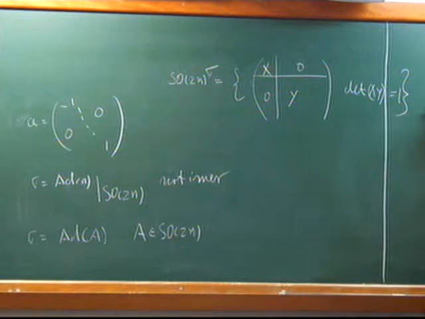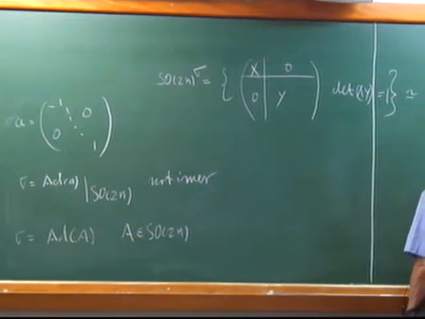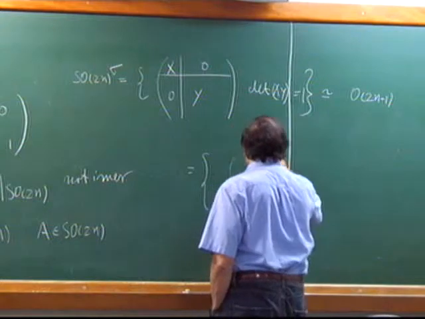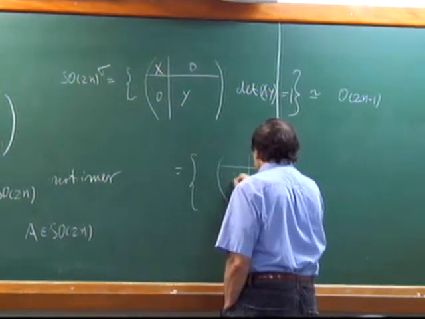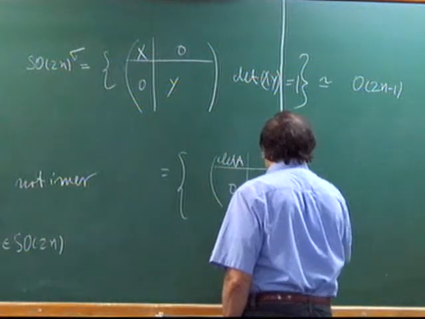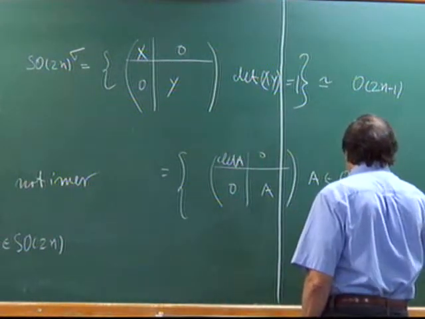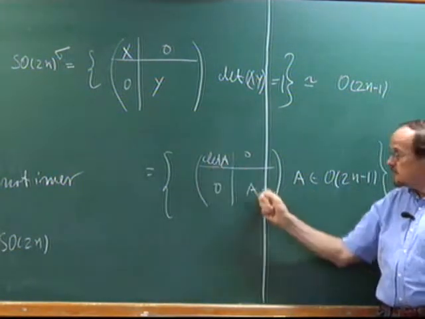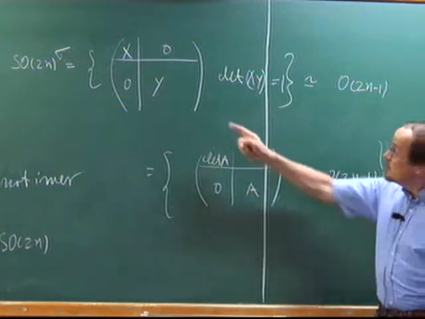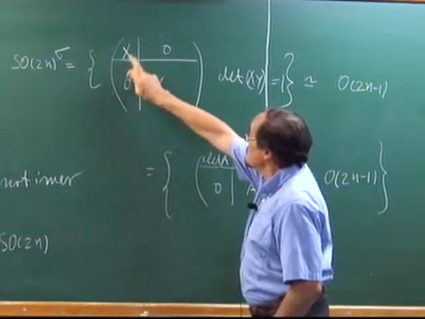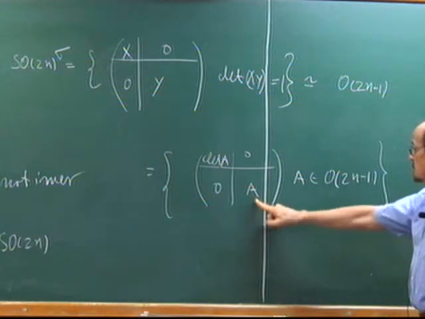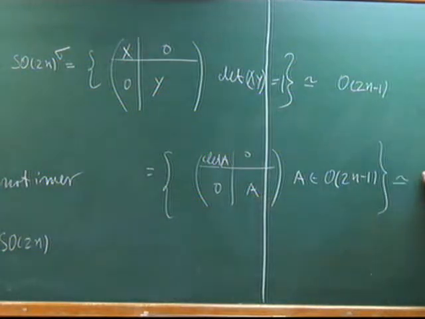It's isomorphic to O(2n-1), because I can look at it as the following set of matrices of the form A, 0, 0, det A, and A lies in O(2n-1). Whatever is here, I can adjust to make the whole determinant equal to 1. Since this is 1 by 1, these matrices are the same thing as this, identified with the element A, so that's isomorphic to O(2n-1).